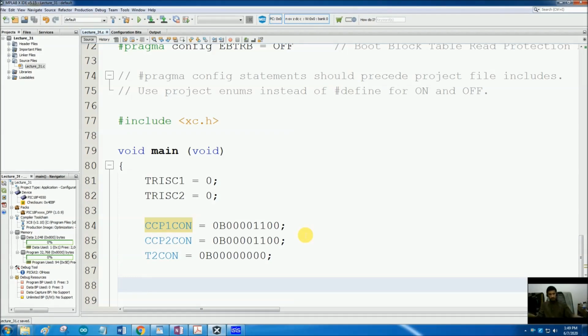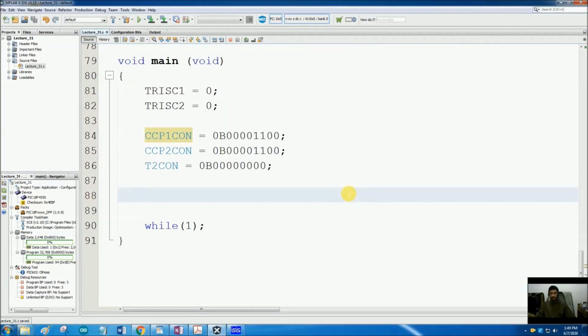Now from here we have to set our duty cycle and we have to set our time period. Let me tell you here that even if we have two CCP modules, both of them are sharing Timer 2 to generate the time period.